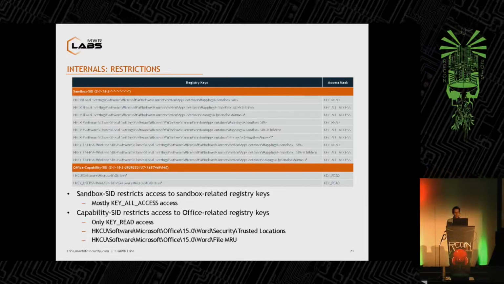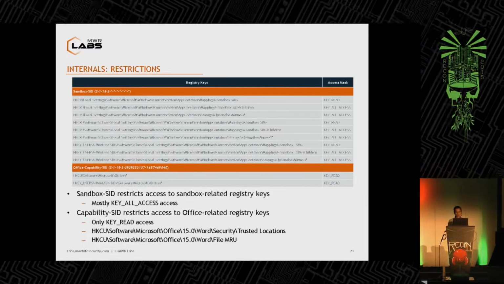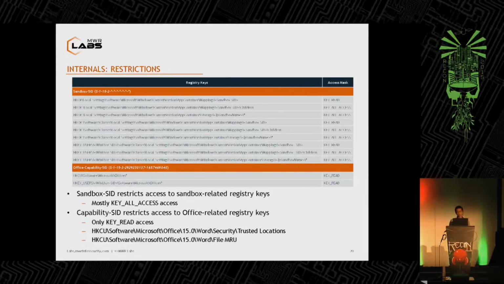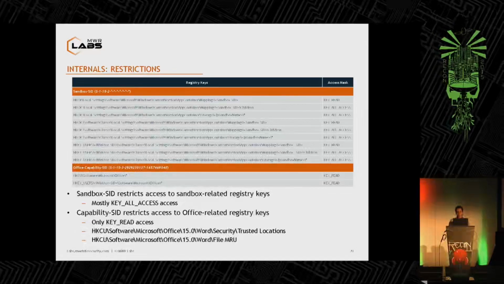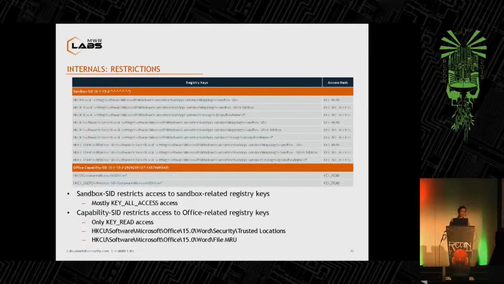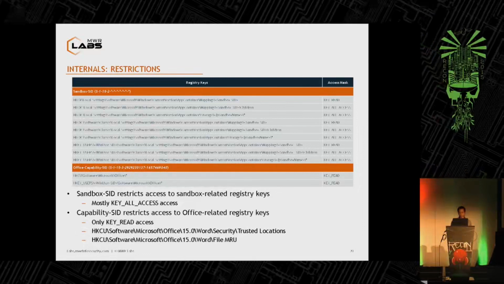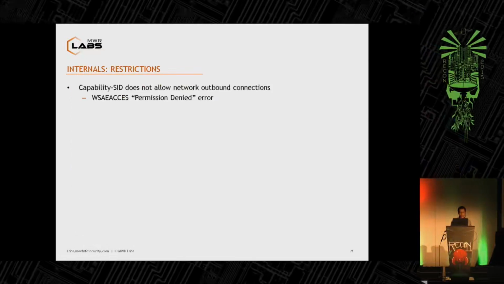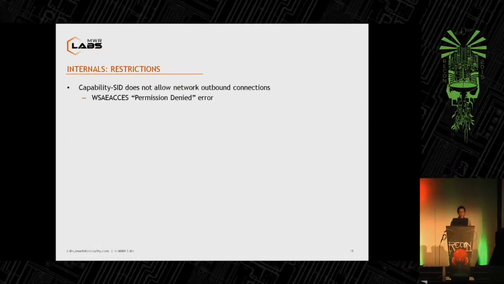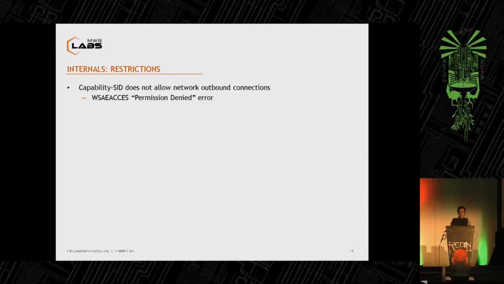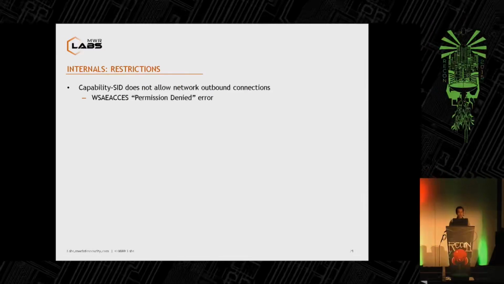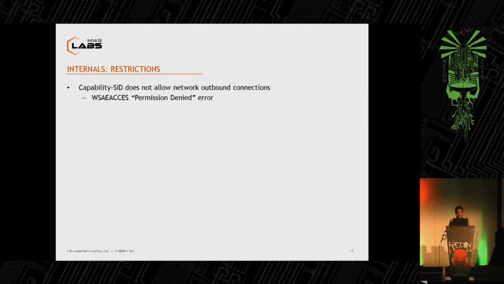Another slightly interesting thing which you can read from the Office registry key is the file MRU subkeys, which contain the files that were recently opened in Office. Finally, the capability set does not allow outgoing connections to be made from the sandbox, as it will fail with permission denied on connect.